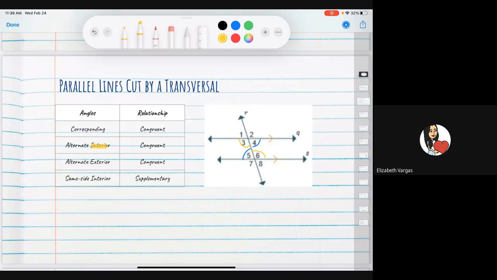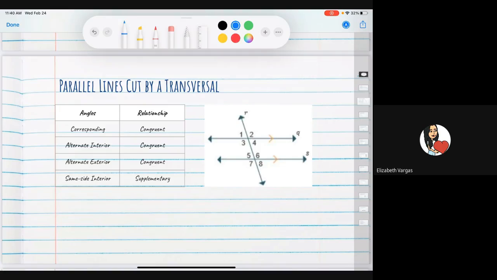So 4 and 5 would have the same angle measure, and 3 and 6 would have the same angle measure. Next thing we looked at was alternate exterior, kind of the same thing as alternate interior, but these are on the outside. So an example of this is 1 and 8 and 2 and 7. So these are on the exterior, but they are also on alternate sides of that transversal R.